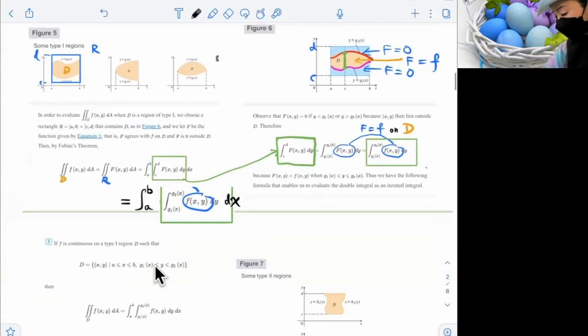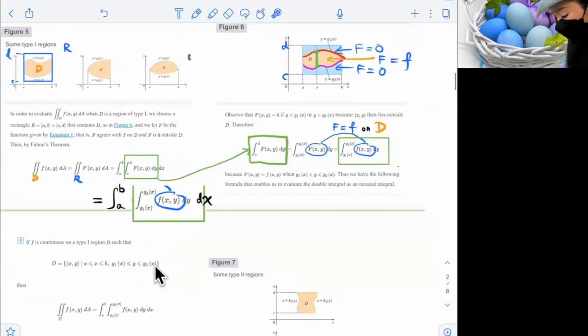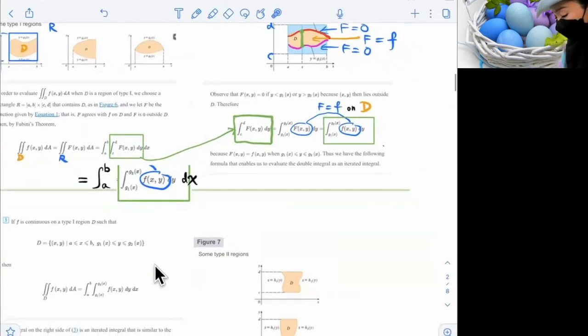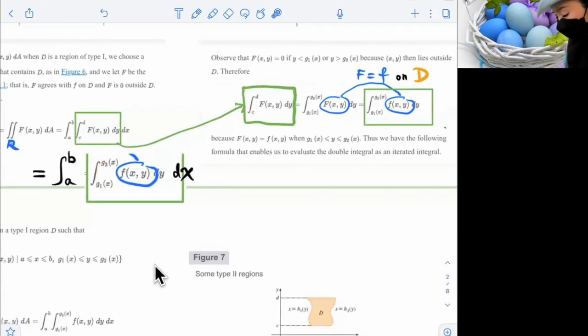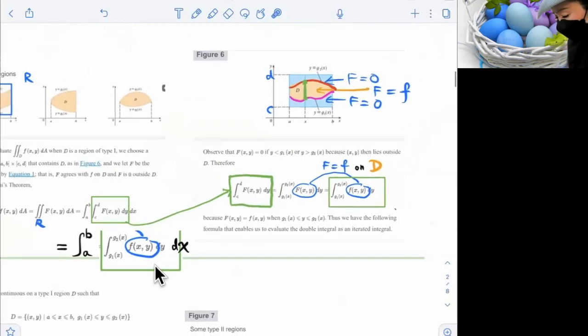So after all this explanation, we know that when we do the double integral of this small f function over this region D, that's equal to this double integral over here, with the inner integral integrating with respect to y, where y goes from g1(x) to g2(x), and then x goes from a to b. Do you guys got this part?